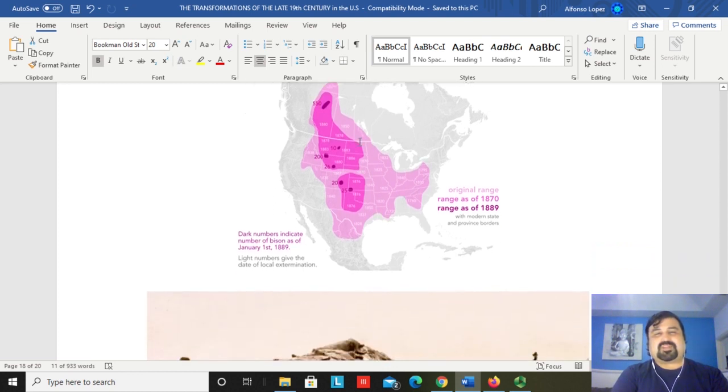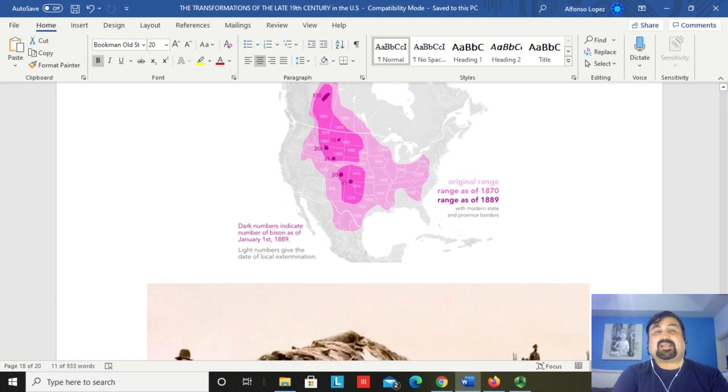This is the region in which the buffalo roamed. It was heavily present in this region here in pink, the Central Plains, and it was totally devastated by hunting.